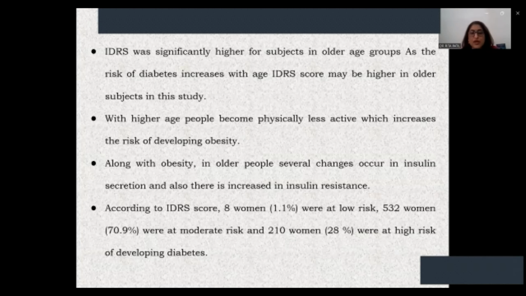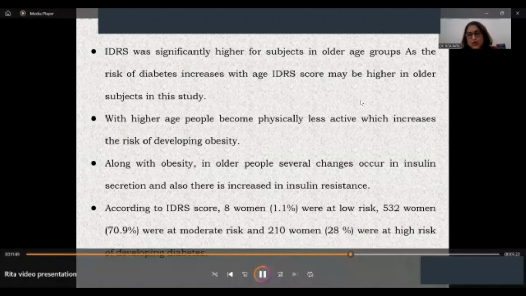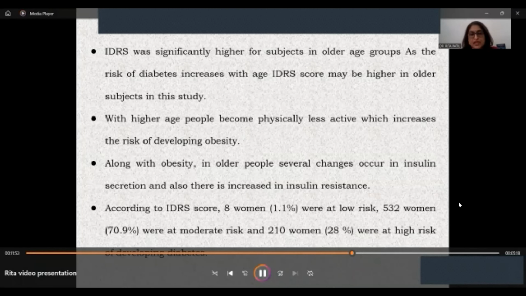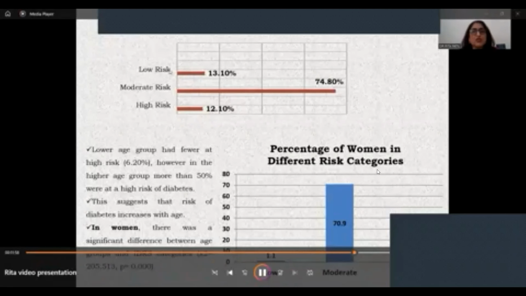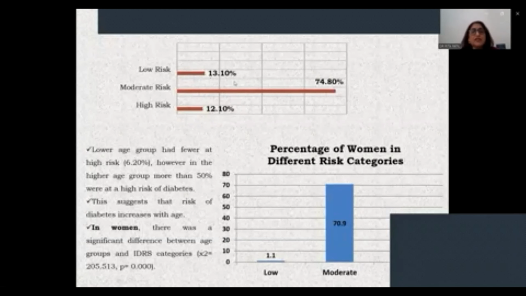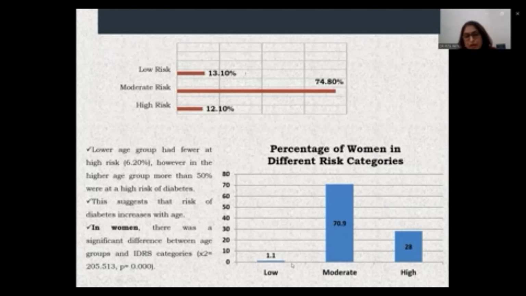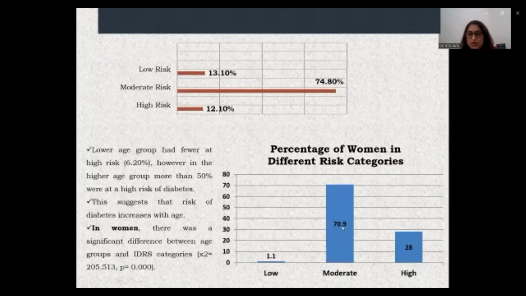According to the IDRS score, 8 women were at low risk, 532 women were at moderate risk, and 210 were at high risk of diabetes. Let us look at the picture over here. When we look at men, there were 13.10% who were at low risk, whereas in women, only 1.1% were at low risk. Moderate risk was there in 75% of men, whereas moderate risk was there in almost 71% of the women.